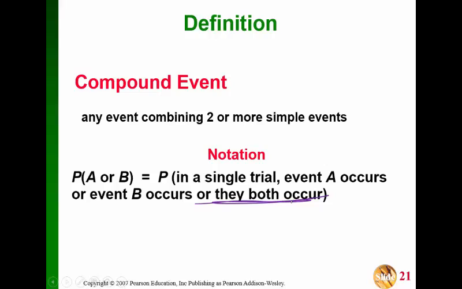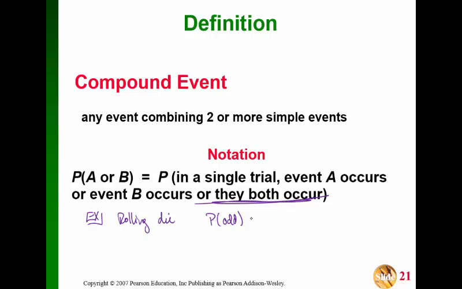Let's take a look at rolling dice again, just as an example. Let's just roll one die. Let's take a look at an event that we roll an odd number. The probability is 1/2.